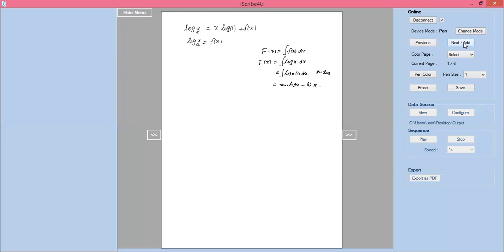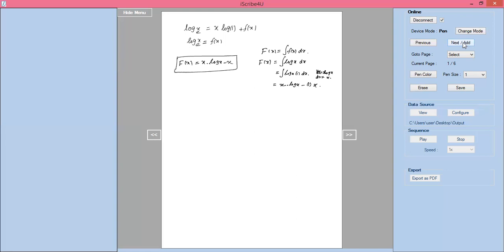So now you take u as log x, dv as dx. If you take it like that and simplify this, you get capital F of x equals x log x minus x. This is capital F of x using integration by parts.